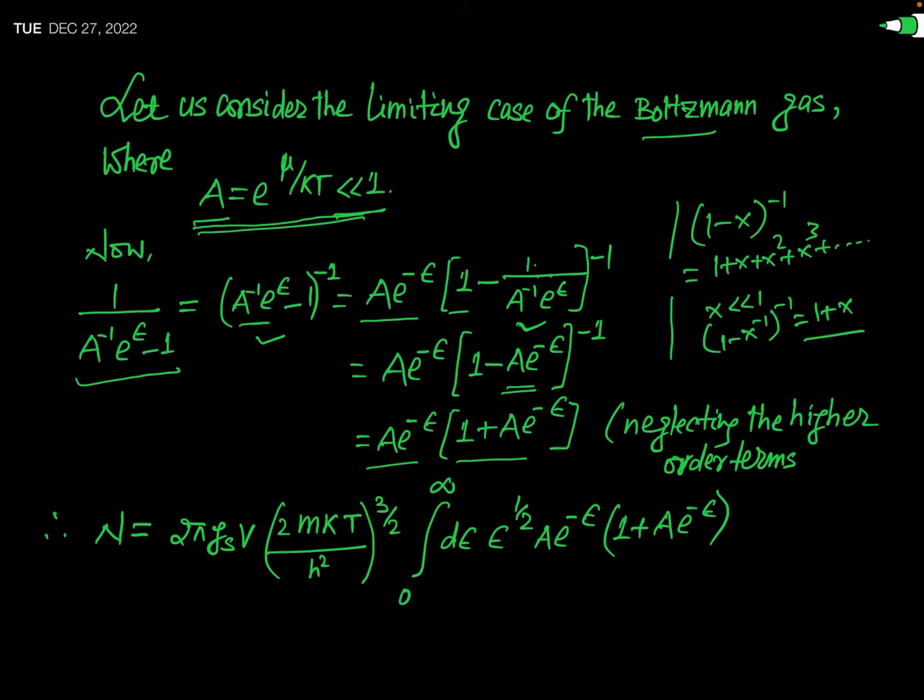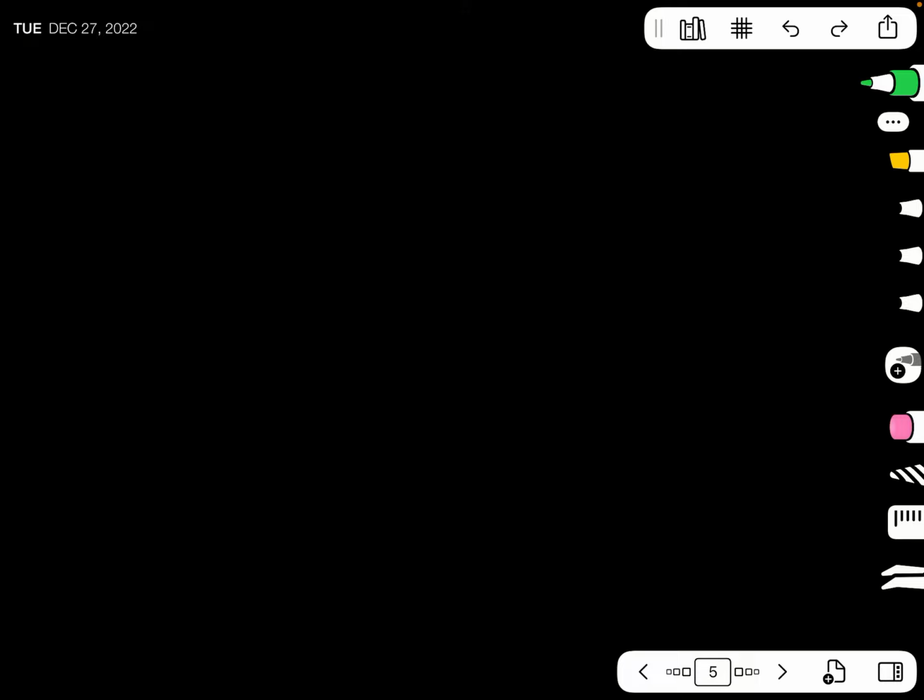So once you have expressed this factor in terms of a power series, you can now write the expression for this n. You have seen that n is equal to 2 pi gsv times (2m kt over h square) to the power 3 by 2 integral 0 to infinity, and see the factors inside the integral here.